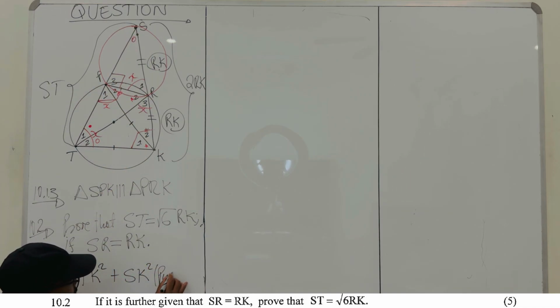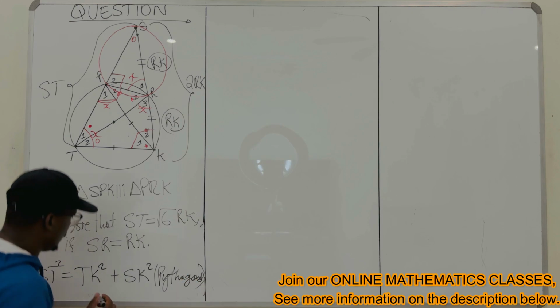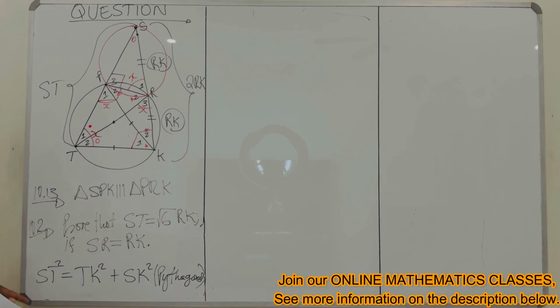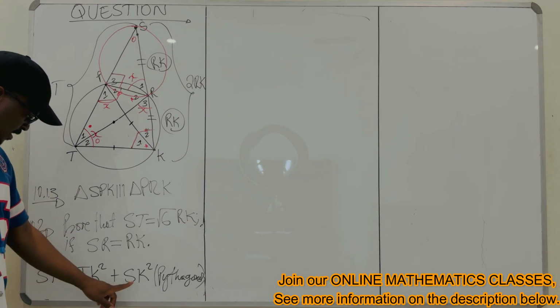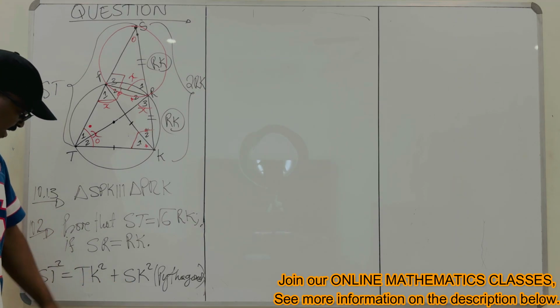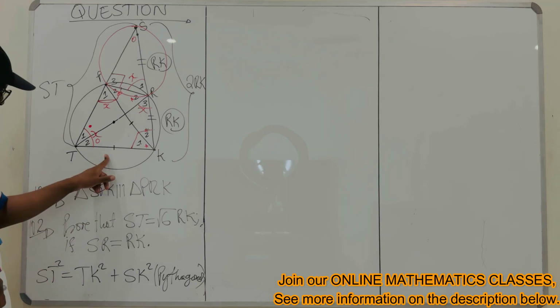This is your Pythagoras, right? Okay. So we need to find TK and SK.